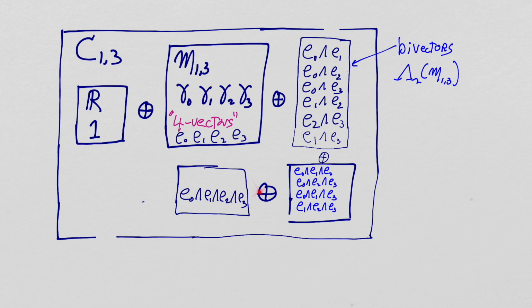By the way, I might have mentioned in a previous lesson that each of these was a subalgebra of C13, and that's not correct. They are as a vector space. C13 is a vector space, as all algebras are, and these are definitely subspaces of that vector space. So this is a vector space, which is a subspace of the vector space C13, but is not a subalgebra because there's no product defined that stays closed inside this.